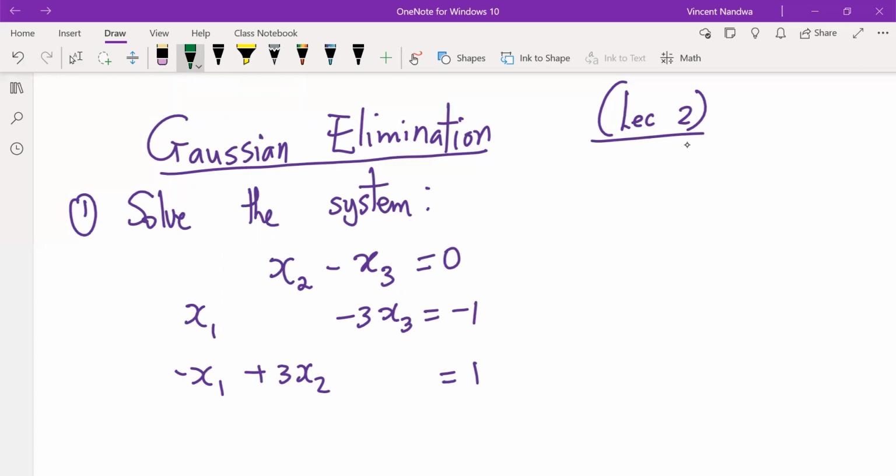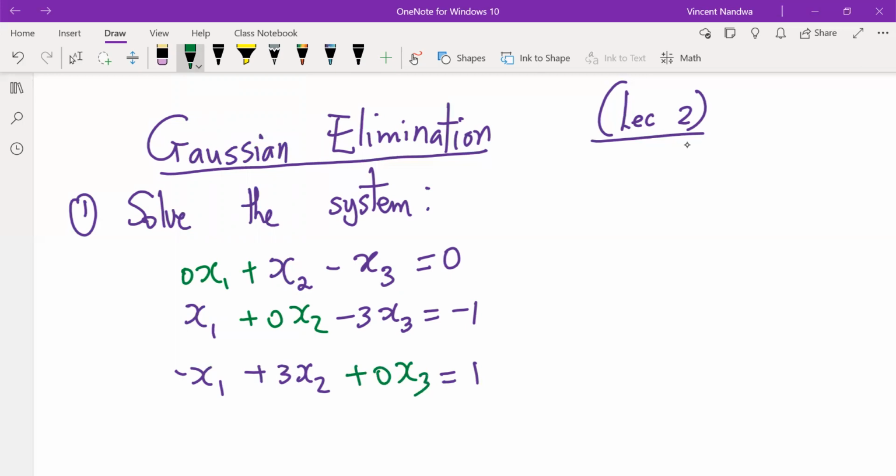So for example, this having 3 variables, x1, x2, and x3, the first equation will be written as 0x1 plus x2 minus x3. The second will be written as x1 plus 0x2 minus 3x3. And the third one will be negative x1 plus 3x2 plus 0x3.